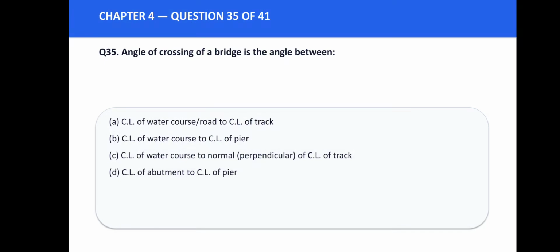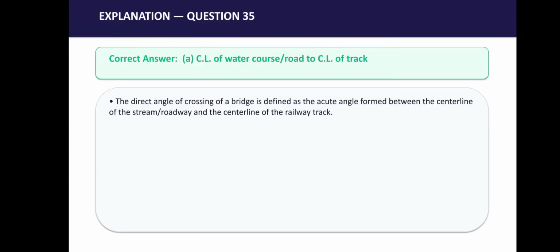Option D, center line of abutment to center line of pier. The correct answer is option A, center line of watercourse or road to center line of track. Explanation. The direct angle of crossing of a bridge is defined as the acute angle formed between the center line of the stream or roadway and the center line of the railway track.